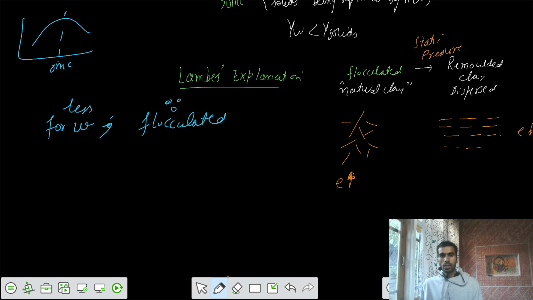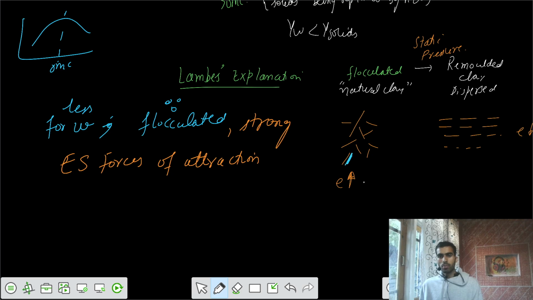Because of the flocculated structure, there are strong electrostatic forces of attraction between those particles in that interlocking pattern, because there is better interlocking because of the electrostatic forces of attraction.